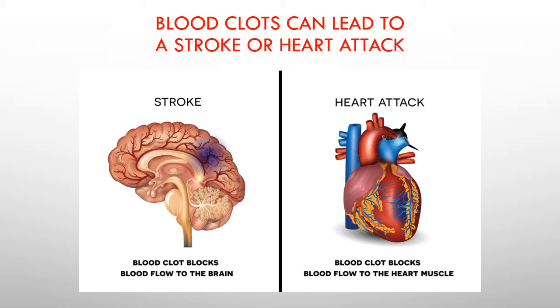We're going to end up having a situation where that blood gets to an area of the body, and once that clot gets there, it forms in one of those vessels, and then that part of the brain or the heart or anywhere in the body is now going to be hypoxic.